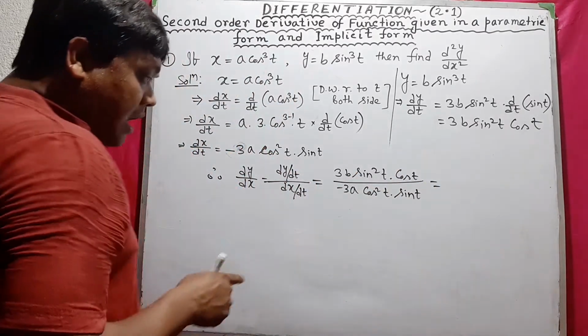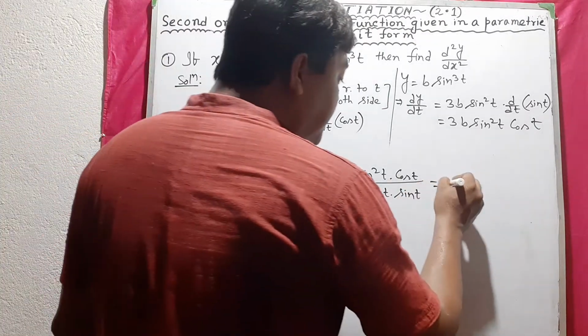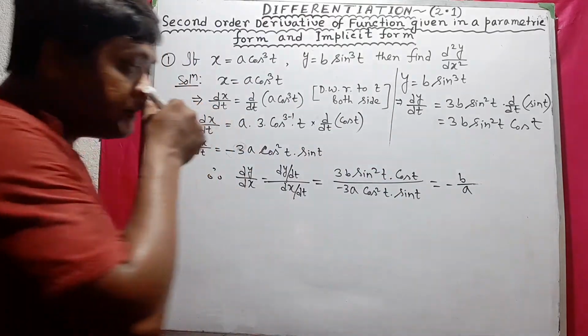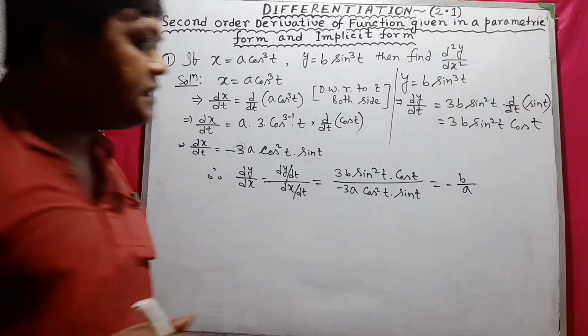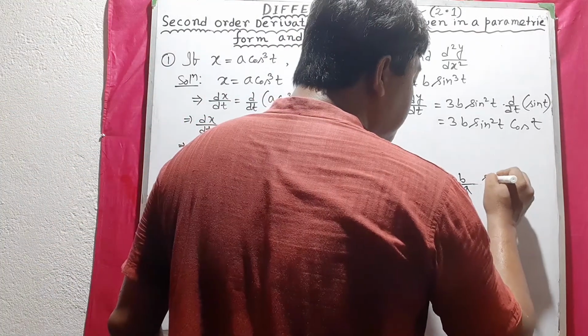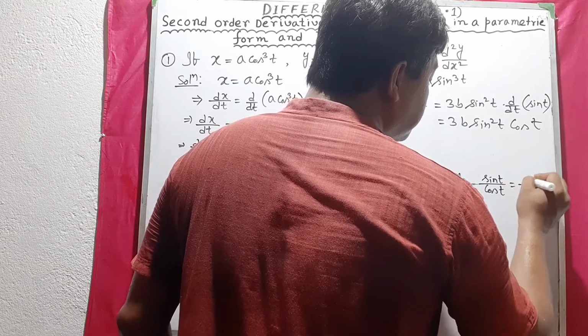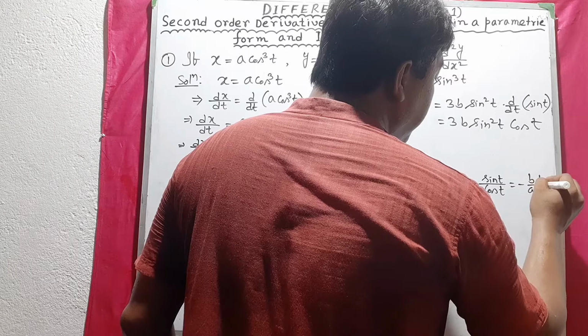So cos cancelled, so that gives minus b by a sin t by cos t, so that means minus b by a tan t.